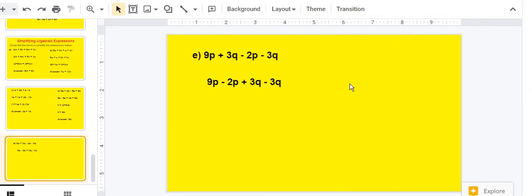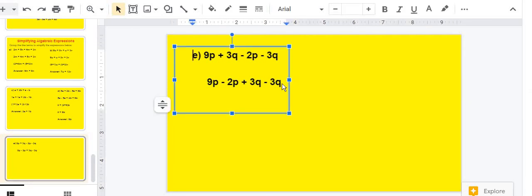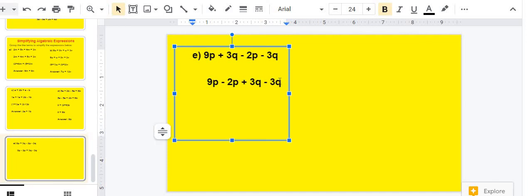Okay, last question here. We have 9p minus 2p. The sign between these two terms is a minus sign. That means we are going to be subtracting their coefficients. And we write the same variable. Now there's a plus sign that comes after this pair of like terms, so I'm rewriting that plus sign. Then we have 3q minus 3q.